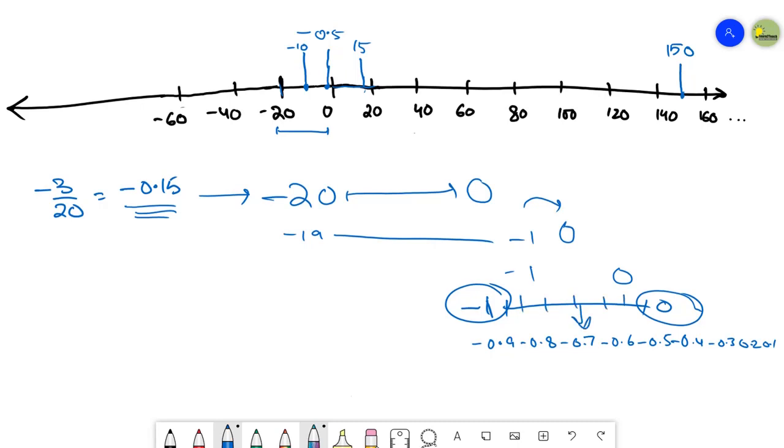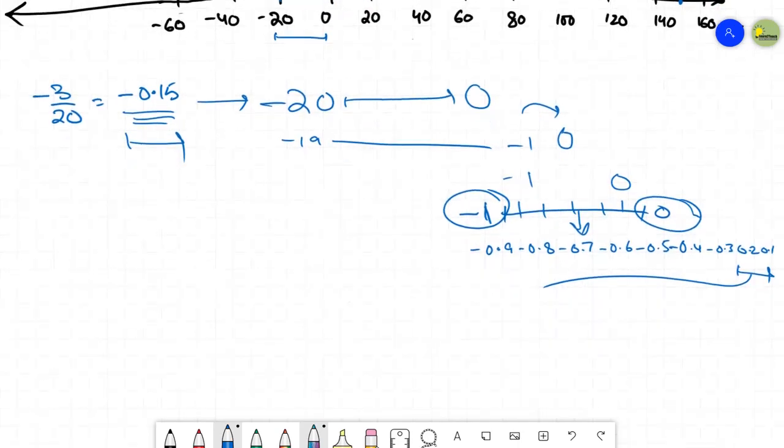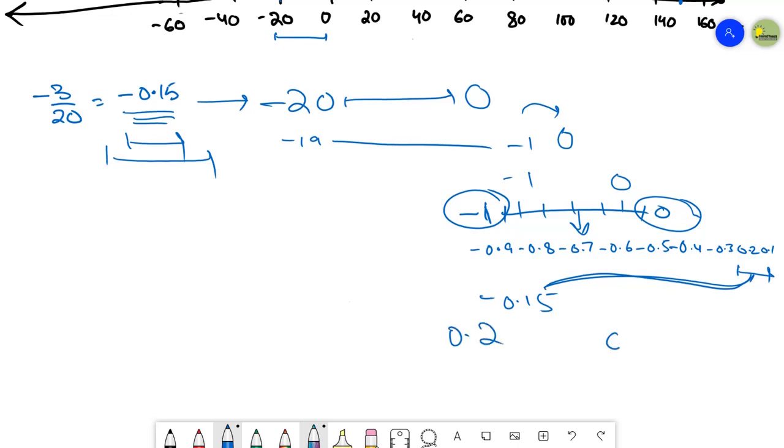And if I talk about minus 0.15, then this is a value that is going to be plotted in between minus 0.2 and minus 0.1. I know it is going a little deeper, but you have to understand it in order to plot this much smaller value. So this value minus 0.15 is going to be in between these two numbers, minus 0.2 and minus 0.1.